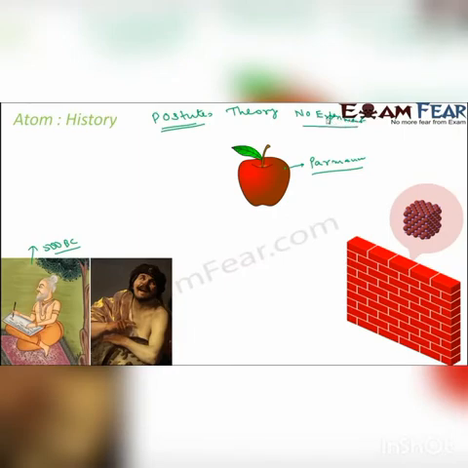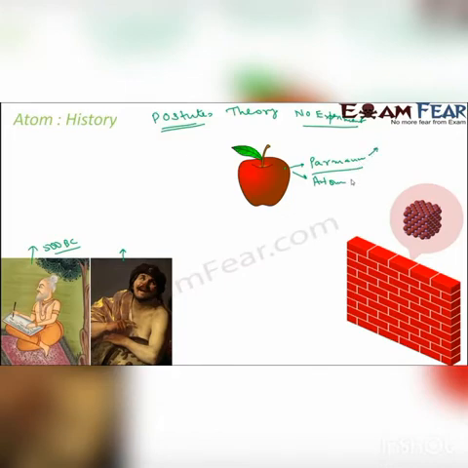And at the same time, Democritus and Leucippus suggested that if we go on dividing matter, a stage will come beyond which we will not be able to divide further, right? And that particle which we get, which cannot be divided further, will be called an atom. So the same particle they called an atom. So Parmanu was the name given by the Indian Maharishis.